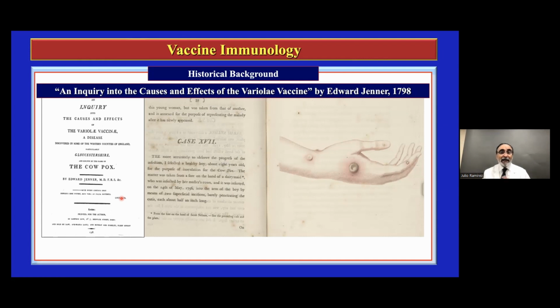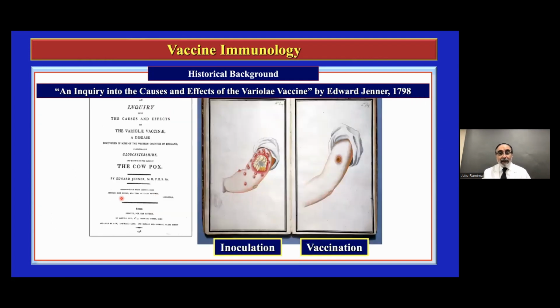Then he had the vaccine with the cowpox, and this is also in the same book. These are pictures of a child that he vaccinated, and pictures of a child with inoculation. You see, inoculation used the real smallpox virus, so you had a bad reaction, and this was a vaccination.